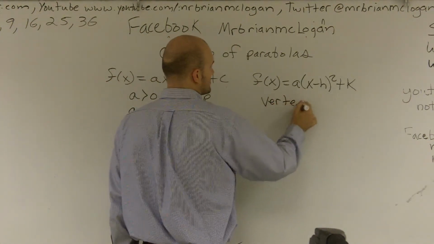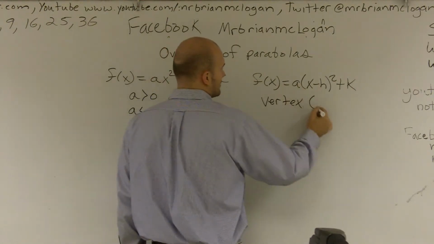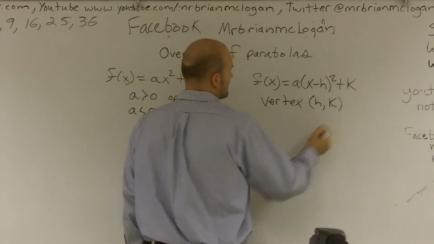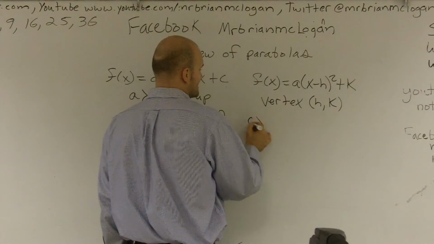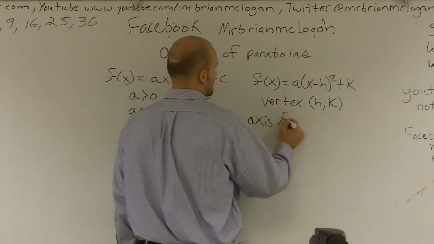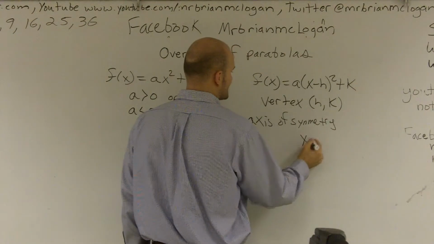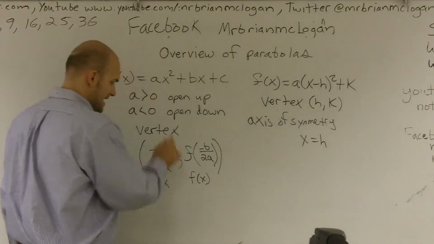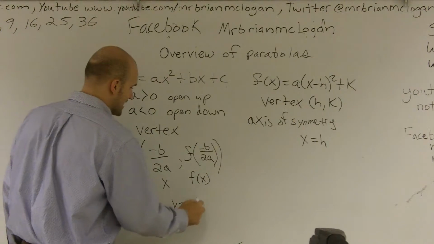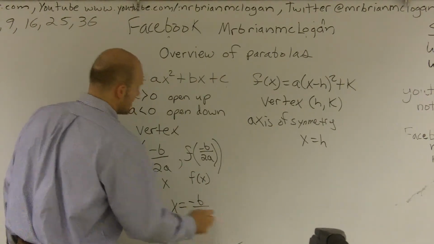My vertex is just going to be h, k. So therefore my axis of symmetry is when x equals h. And I'm sorry, in quadratic form my axis of symmetry is when x equals opposite of b over 2a.